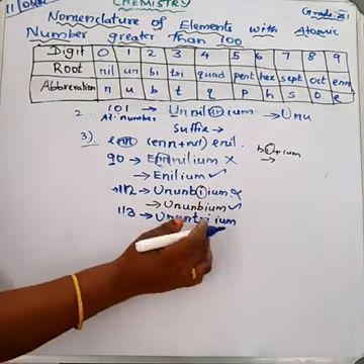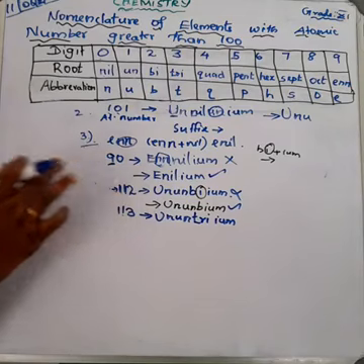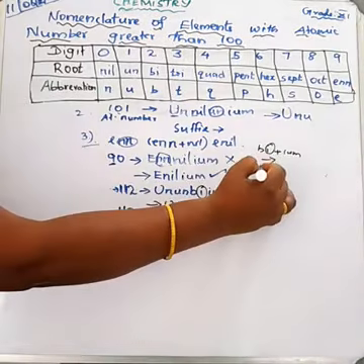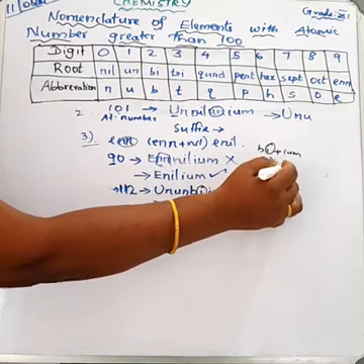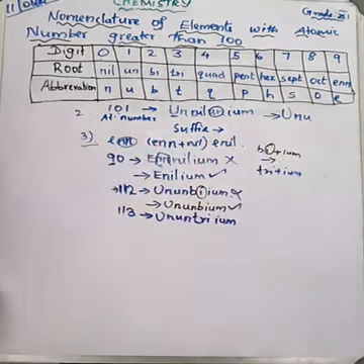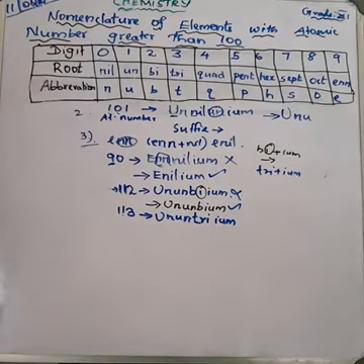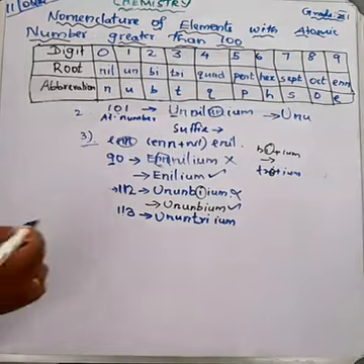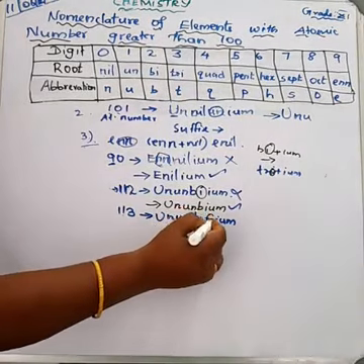According to rule 3, when you are writing tri before ium, you can omit the I of tri.